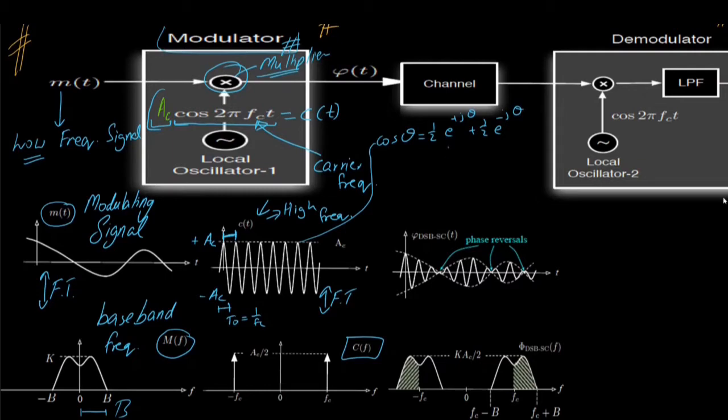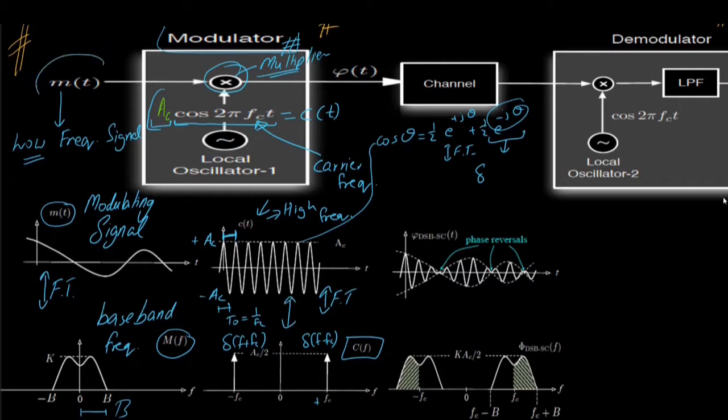Then if we take the Fourier transform, for an exponential function we have a delta function. This is why we have delta of f minus fc and delta of f plus fc: two delta functions stationed at plus fc and minus fc. So this is our carrier.